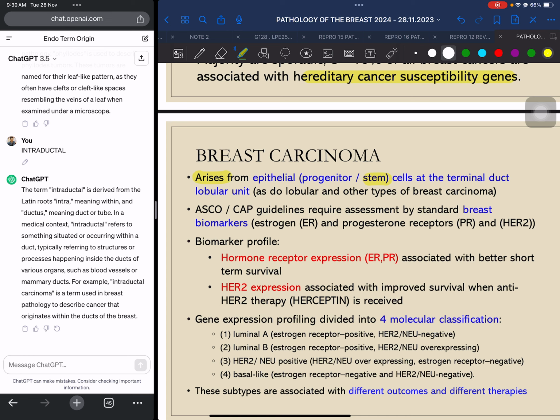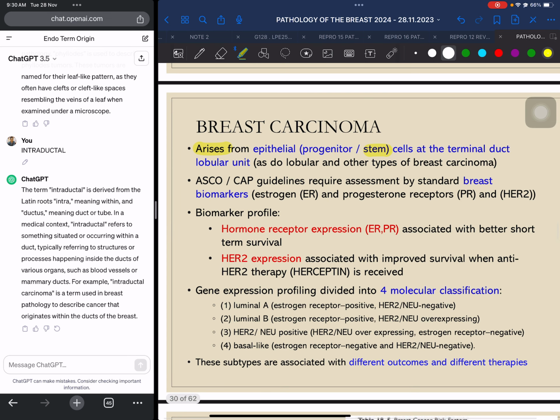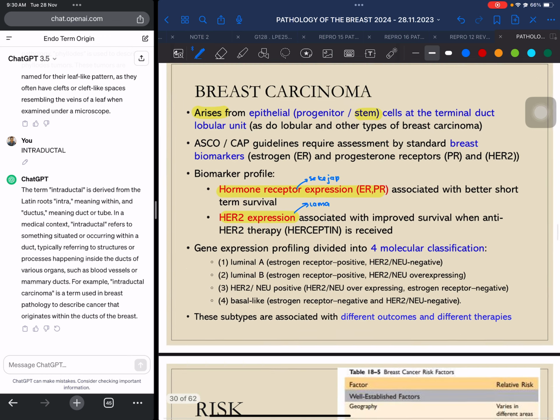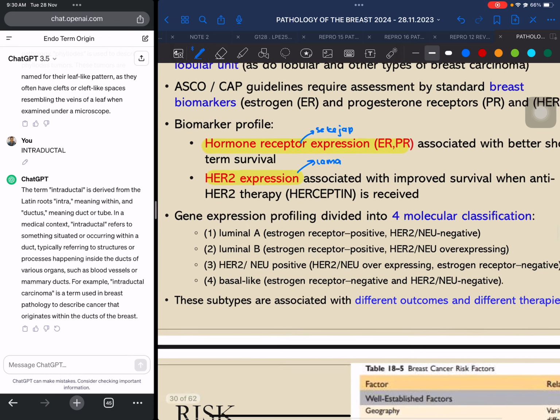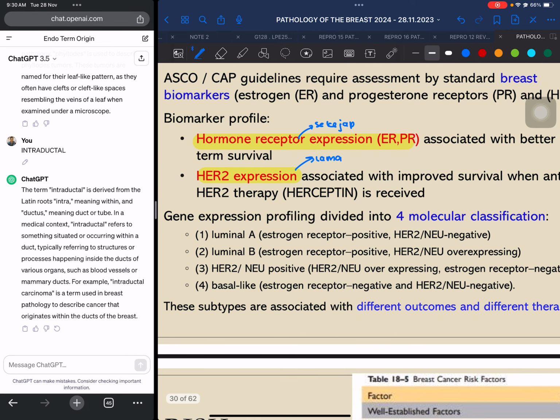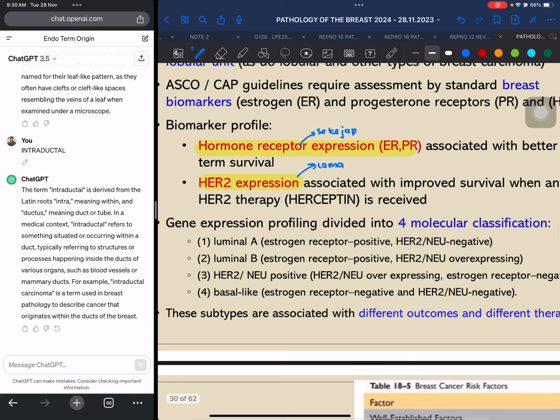For every case of breast cancer, it is required to test for estrogen and progesterone receptors. You need to do a biomarker profile for the estrogen and progesterone receptors, because if they are positive, patients have the option to be treated with tamoxifen.